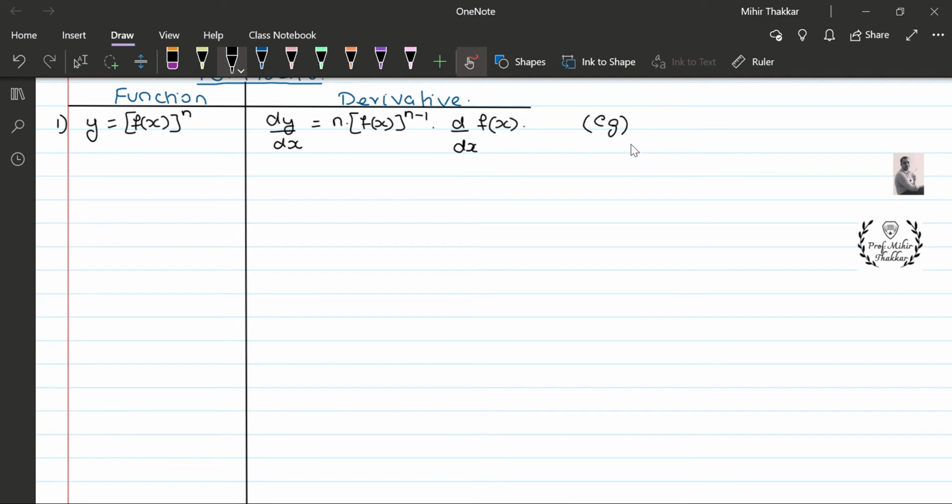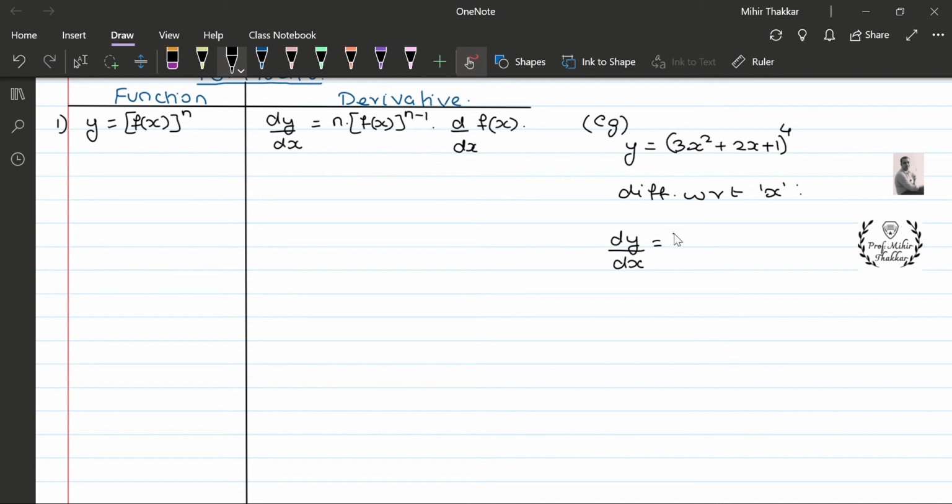Suppose I have y is equal to 3x square plus 2x plus 1 to the power 4, and we have to differentiate with respect to x. So the derivative of y is dy by dx. As per our formula, if I compare, the value of n is 4.